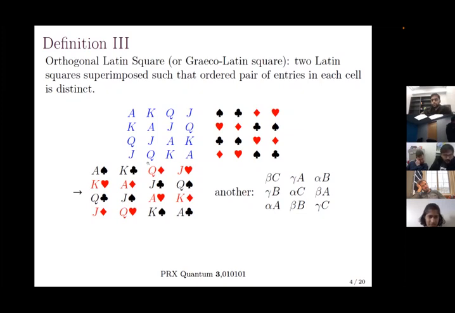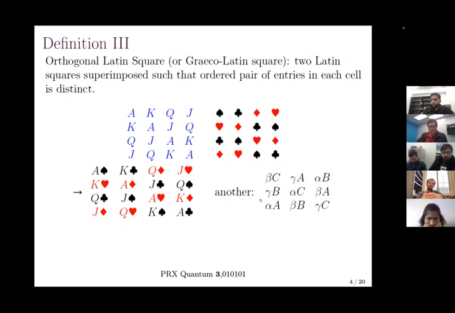For example, this is a Latin square made of card ranks, ace, king, queen, and jack, and this is a Latin square made of card suits. You can superimpose them to get a 4x4 orthogonal Latin square.